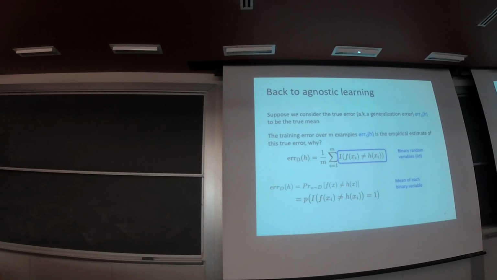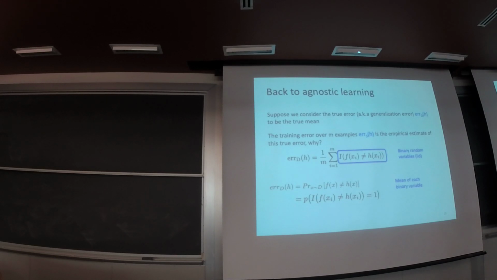Remember, we don't fix the training data. We always assume the training data are randomly collected. That means each training example xi, yi is just random. So the indicator is essentially a function of a random variable, and a function of a random variable is also a random variable.